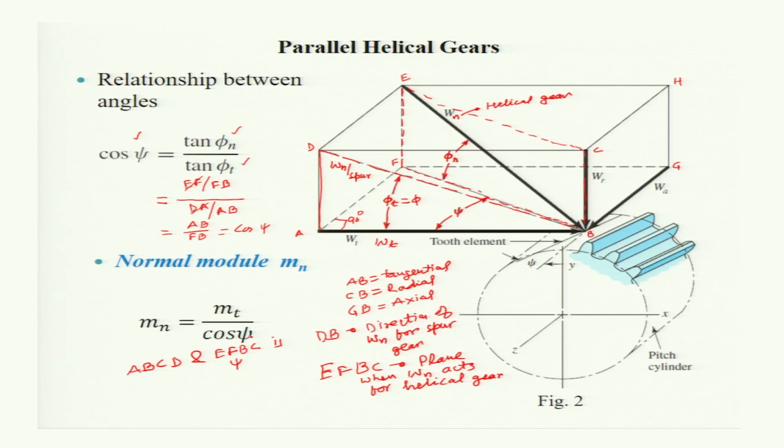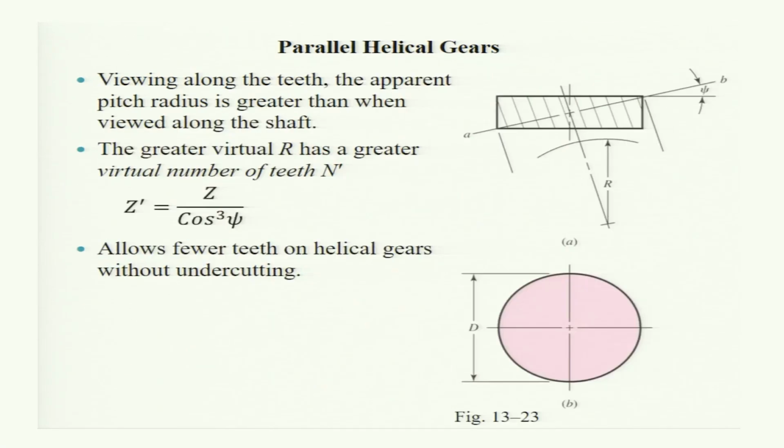It is, we have already studied it. For the case of parallel helical gear, we have seen that the teeth are inclined by a certain angle, and that angle is called the helix angle. So when along the normal plane actual gear teeth are visible, then we take it as a virtual gear, and the number of teeth on that is called the virtual number of teeth.